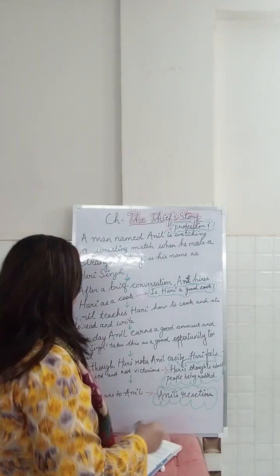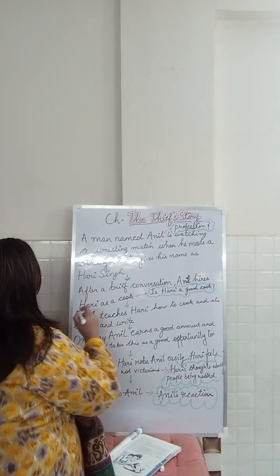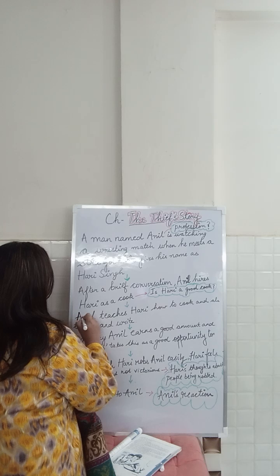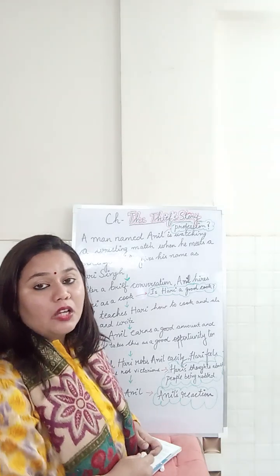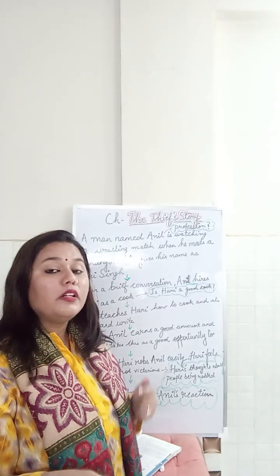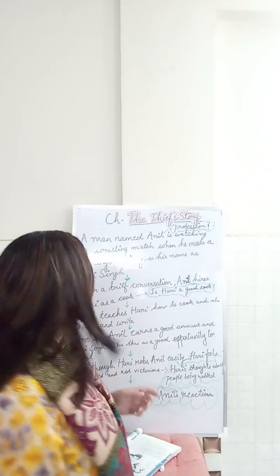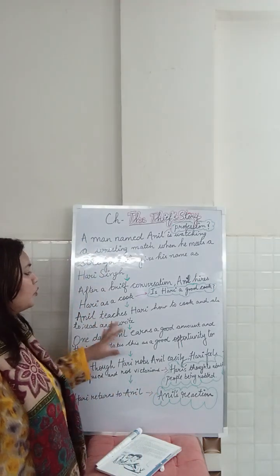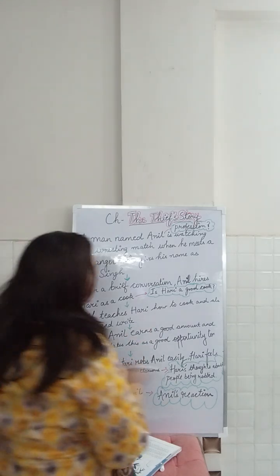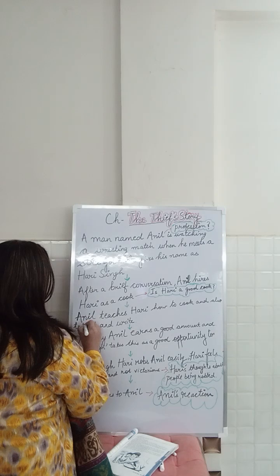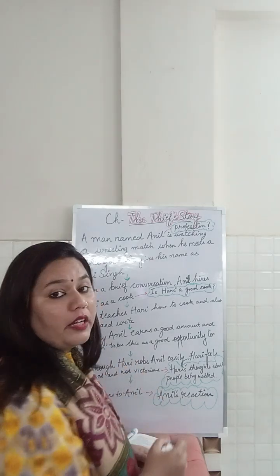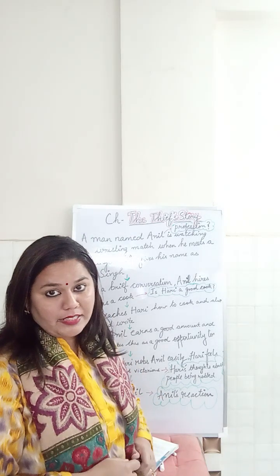And when Anil discovered that Hari doesn't know how to cook, he did not let him go so easily. What did Anil do? He not only helped Hari learn how to cook, but also helped him to read and write.